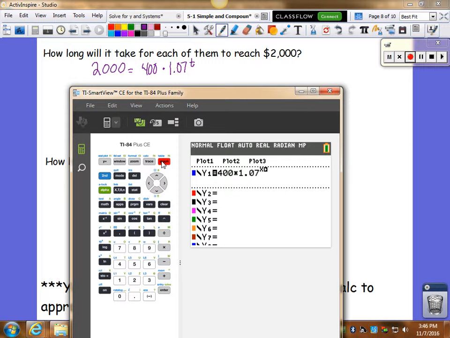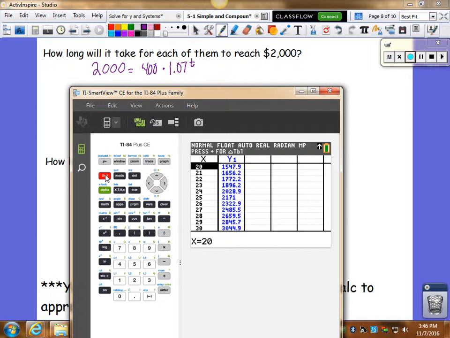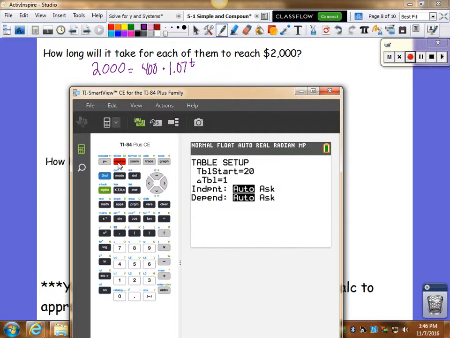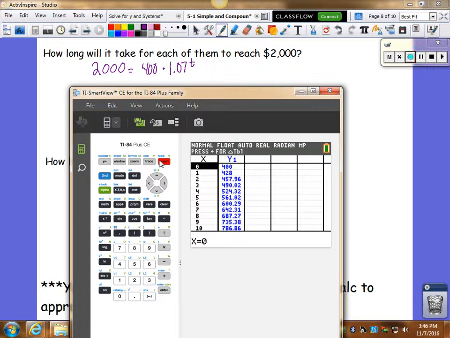Then go to the table, except I'm going to start my table at 0. If you start at 0, what you're looking for is when on the y side does it get to 2,000? And you're going to just have to scroll.